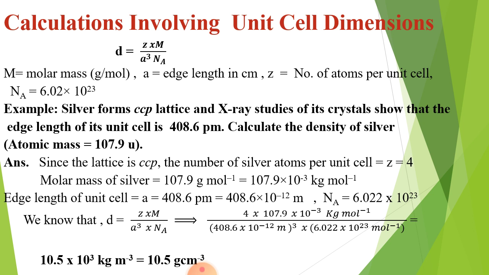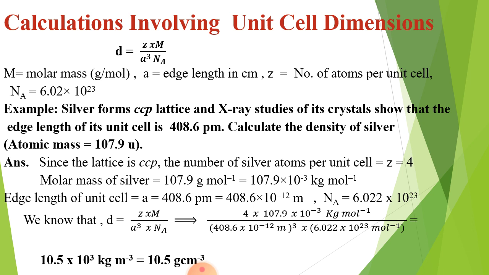Now the example: silver forms a CCP lattice and X-ray studies of its crystals show that the edge length of its unit cell is 408.6 picometer. Calculate the density of silver. Atomic mass is given, 107.9 u.